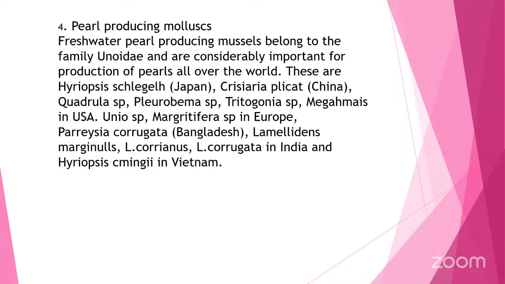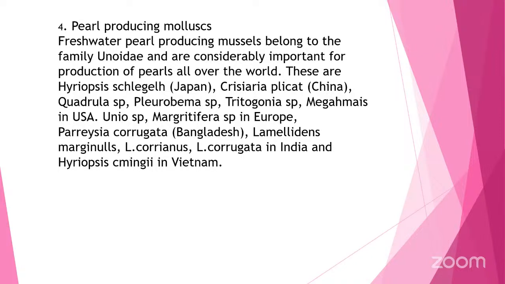Pearl producing mollusks. Freshwater pearl producing mussels belong to the family Unionidae and are considerably important for production of pearls all over the world. These are Hyriopsis schlegelii in Japan and Cristaria plicata in China.